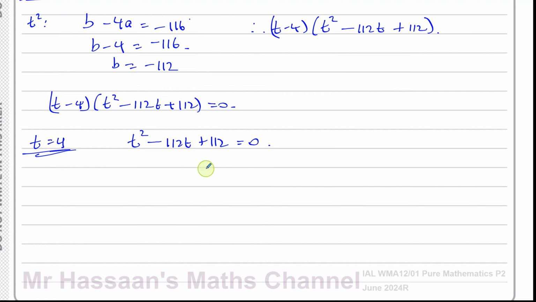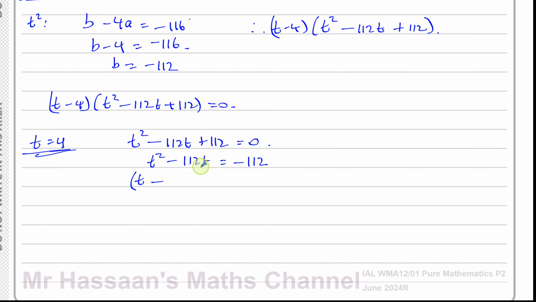However, what we could do is we could use the quadratic formula or complete the square to find the values of t. What I'm going to do, because it's just a 1t squared, I'm going to just complete the square. So I have t squared minus 112t equals minus 112. Just get rid of the constant on this side.